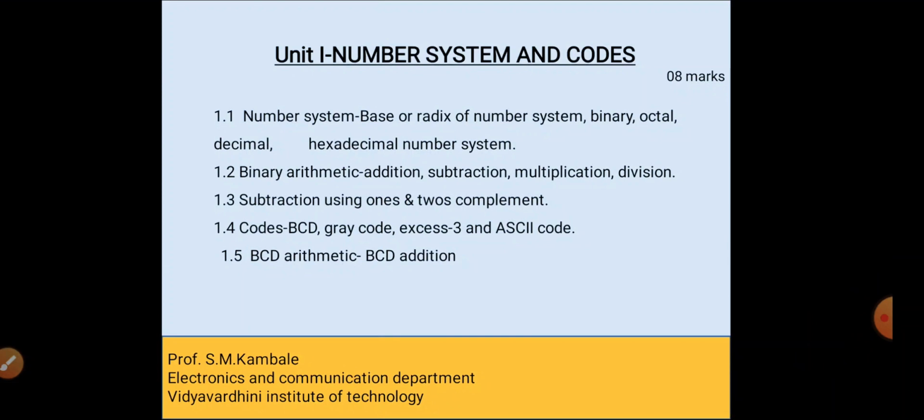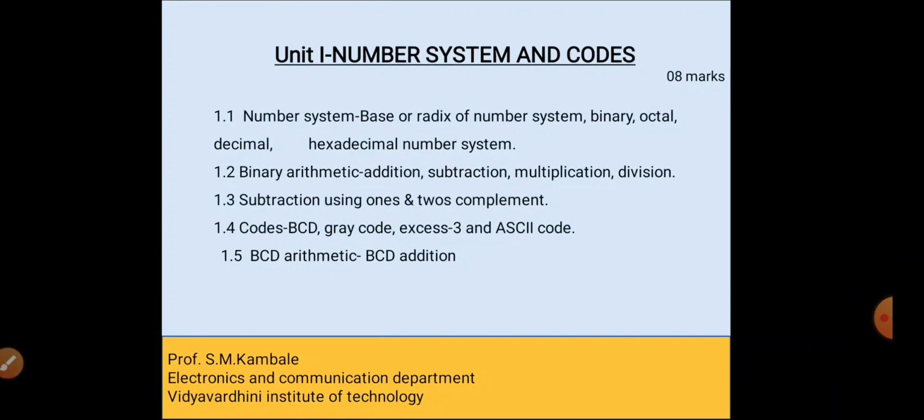The octal system is the system in which the digits used are from 0 to 7. Now the decimal number system is the system in which the numbers used are from 0 to 9.